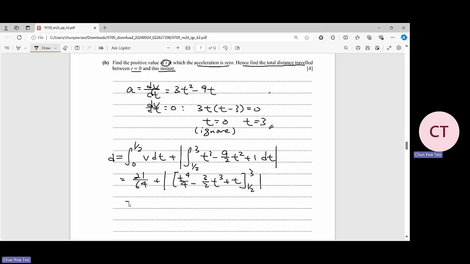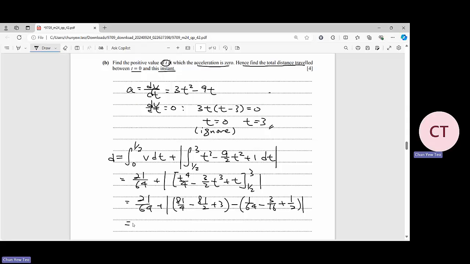So over here, if you just substitute the value, then you will get this as 81 over 4 minus 81 over 2 plus 3, minus 1 over 64 minus 3 over 16 plus a half.